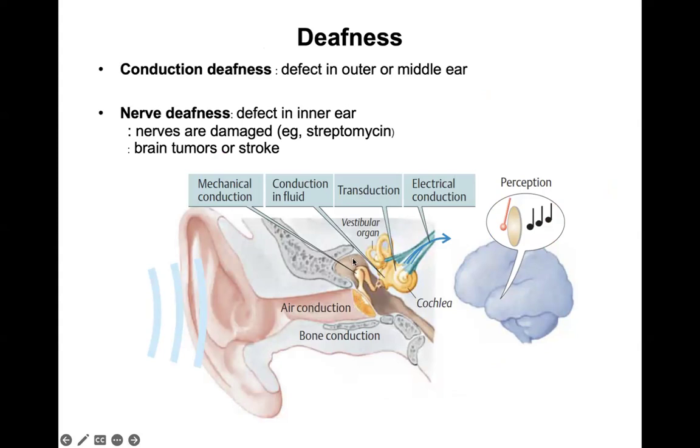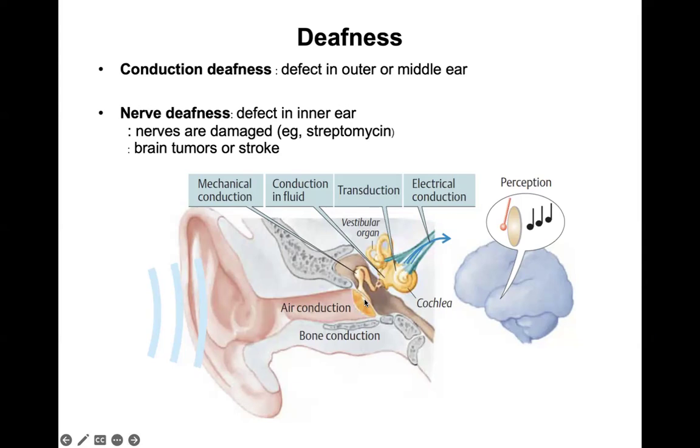The bones in the middle ear play a very important role in conducting the signal into the inner ear. So if there are some problems in the middle ear, for example some infections, then you can disrupt these conductions. So a defect in the outer or middle ear is a defect in conduction, and you can have deafness from that.